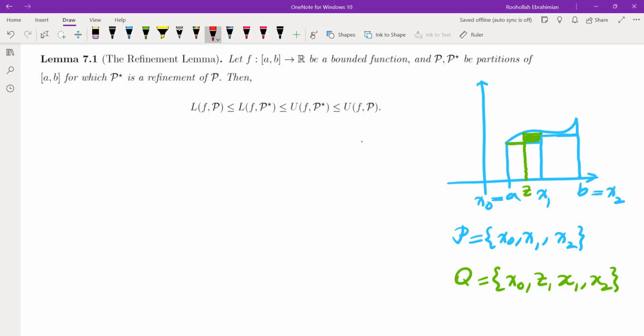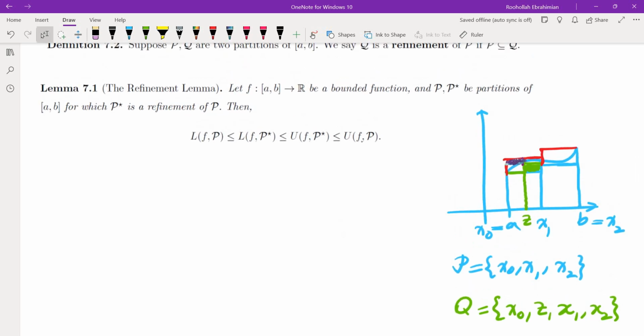Now if you look at the upper sums and compare them, the upper sum for the first one is this. For the second one, up to here is the same. You're going to lose this amount. So when you add more points to the partition, the upper sum becomes smaller, but the lower sum becomes larger.